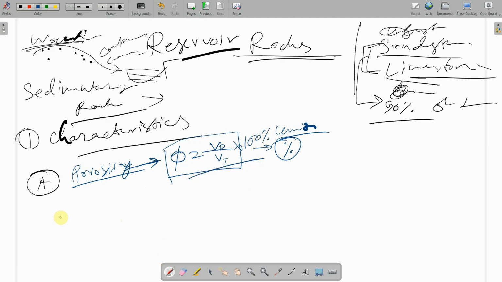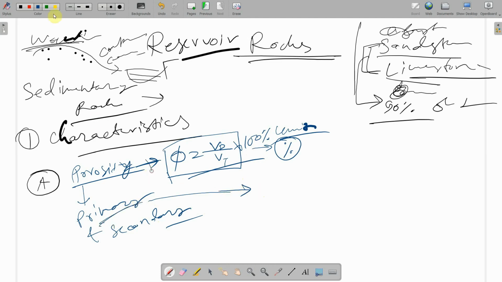Now porosity, I have already talked to you about the primary porosity and secondary porosity. Primary porosity originates during the formation of rock. The nature of primary porosity basically depends on three things.